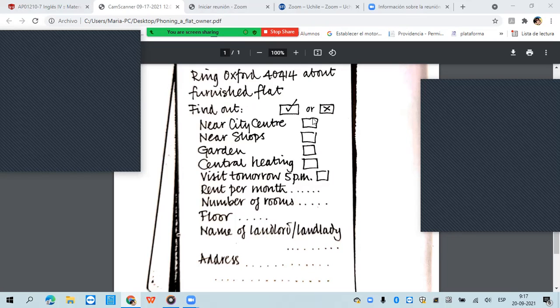It's 1 kilometer away from the city center. Right. Good. Near the shops? Yes or no? Yes. Do you remember any information about the distance? You can reach the shops within 1 or 2 minutes on foot.